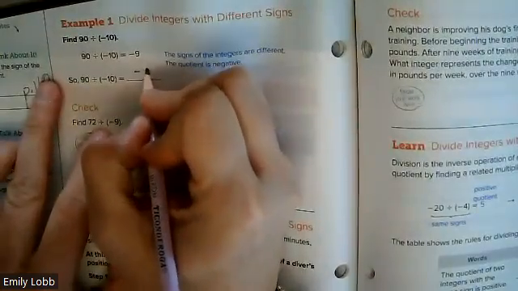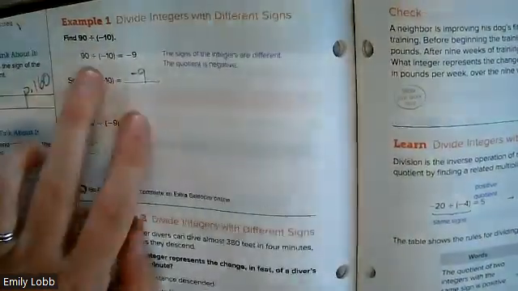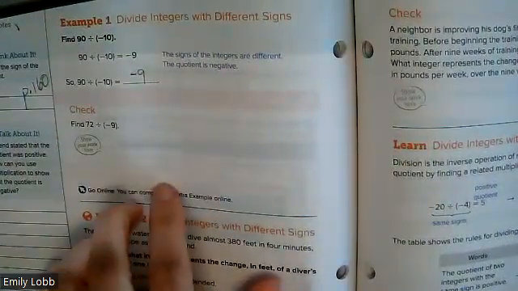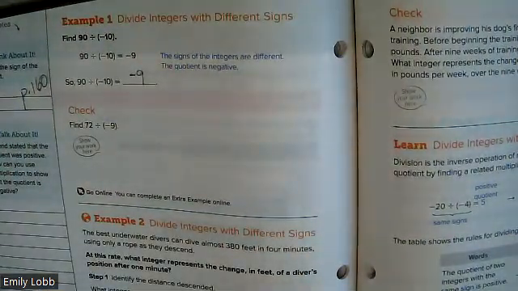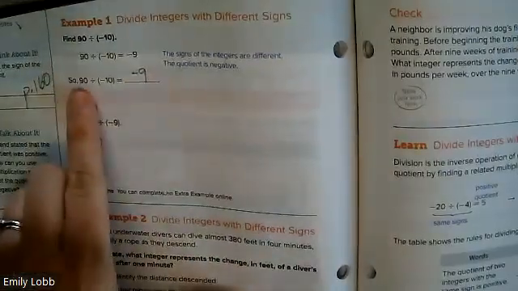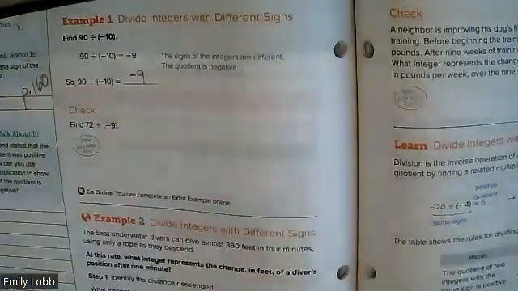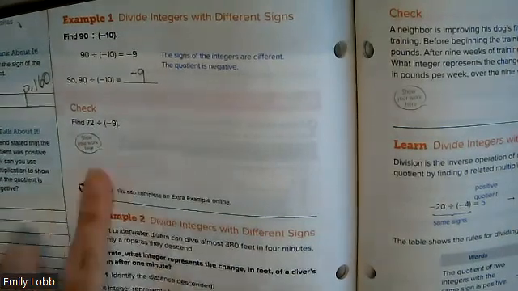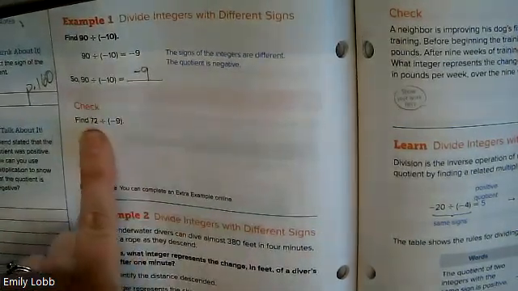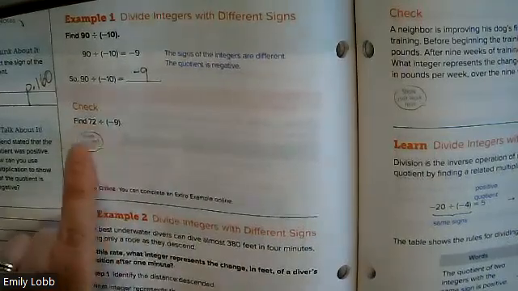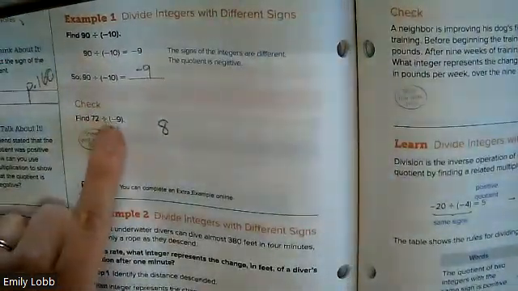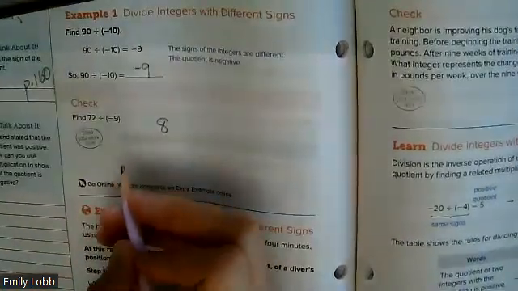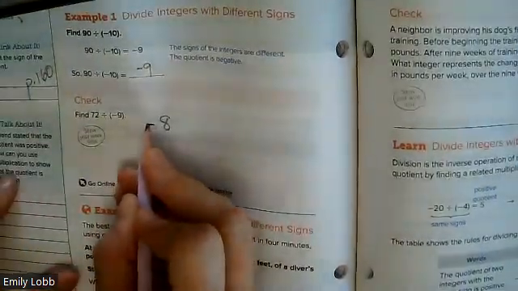But you're thinking, 90 divided by 10. 10 times what is 90? Good, 10 times 9 is 90, and since our signs are different, our answer is negative. What times 9 gives us 72? 8, very good. And since our signs are different, our answer is negative, very good.